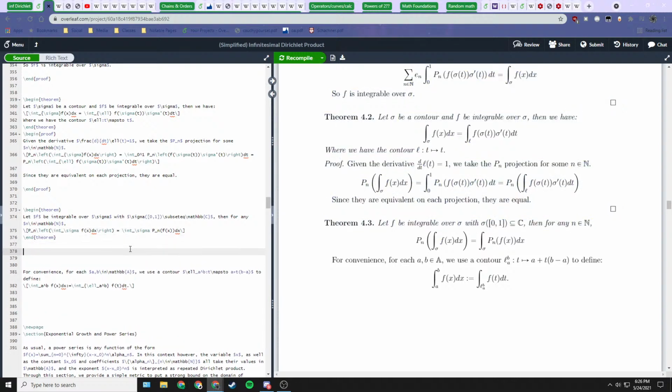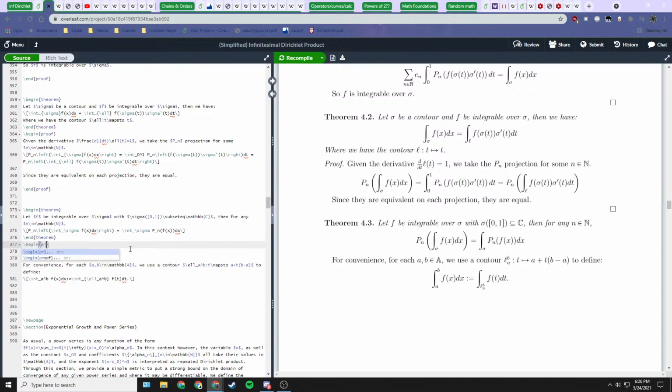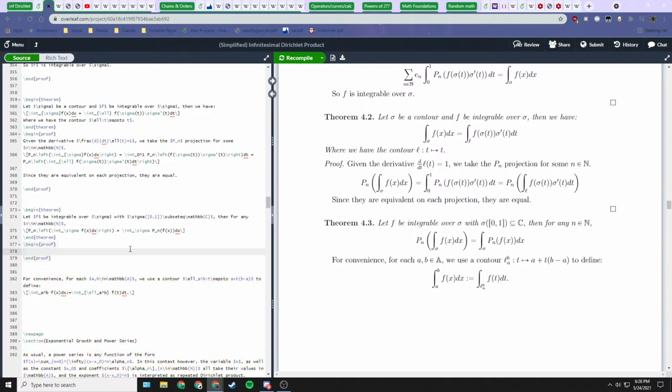And the way that we prove that is we just use the definition.